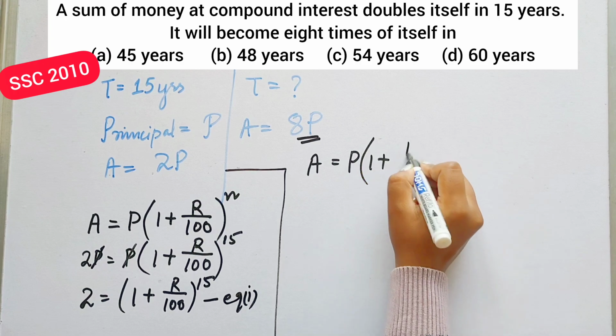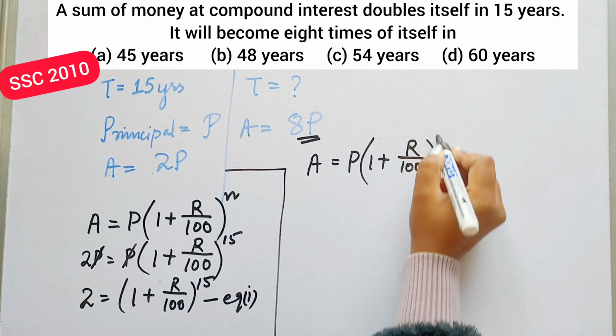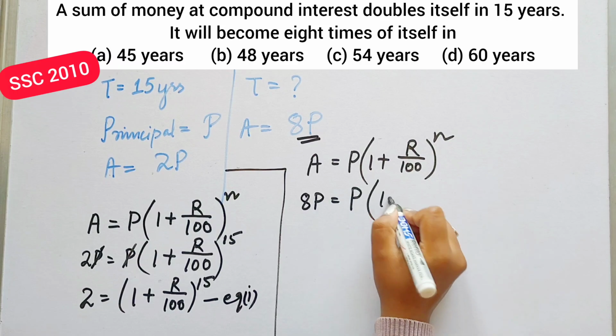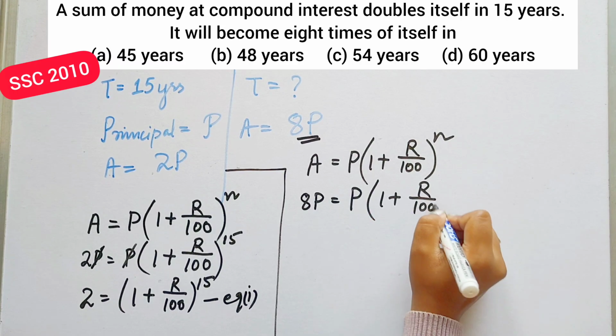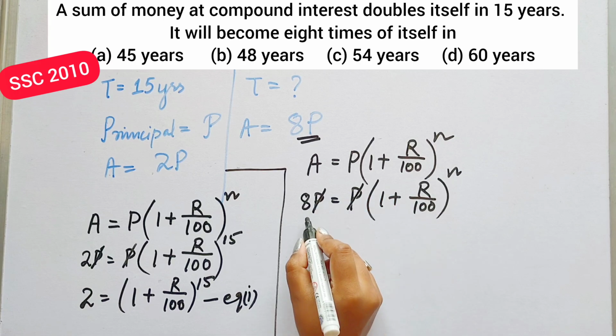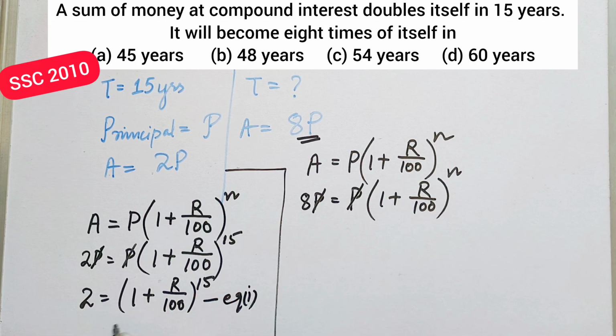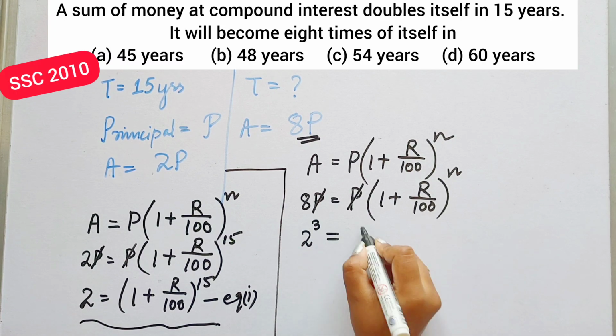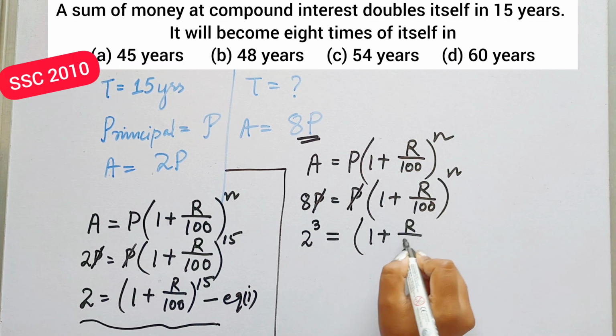So A is 8P in this case, equals P whole 1 plus R by 100 to the power n. P and P get cancelled again. Now 8 over here can be replaced using this equation. This is a little tricky question.